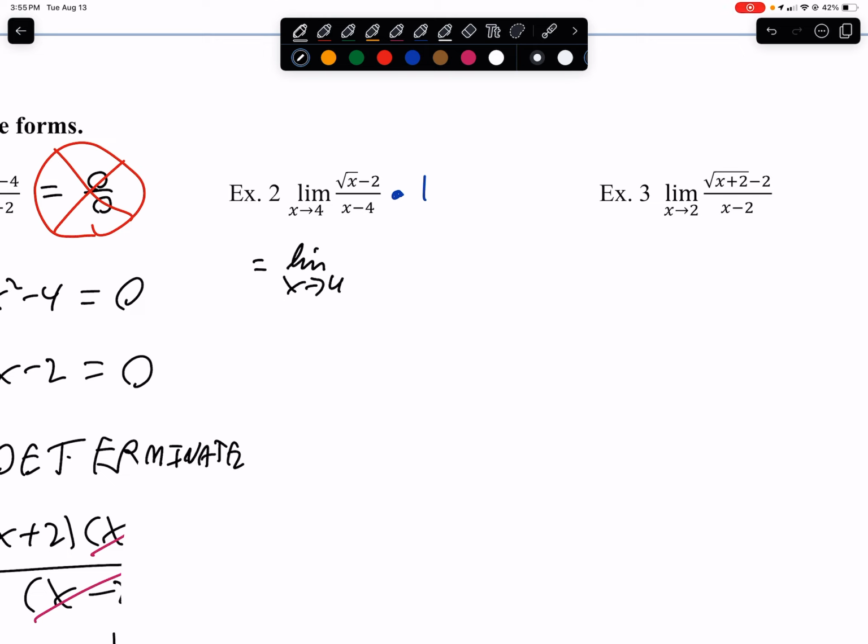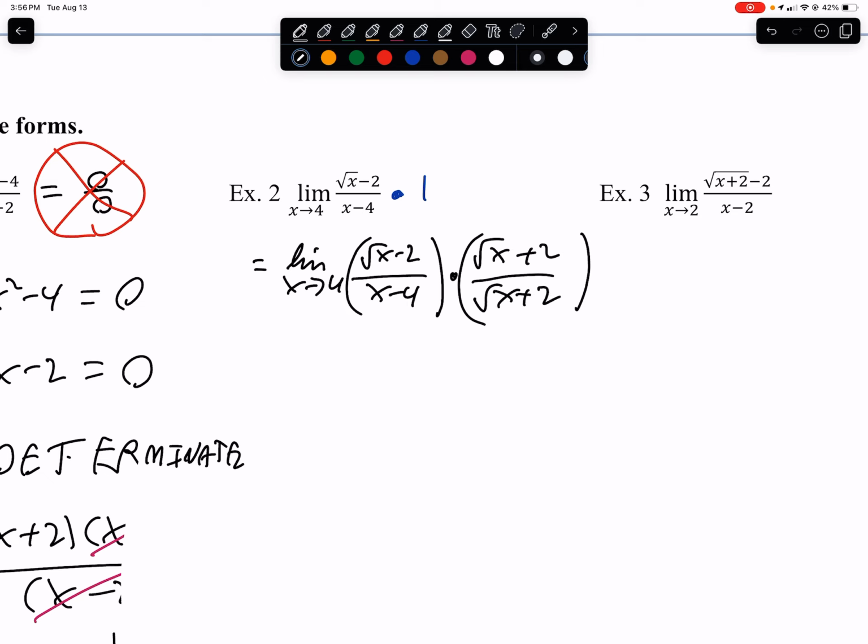What does my 1 look like? Well, I will show you. Let me set this up. My 1 is going to look like this. Again, anything divided by itself is 1, right? So that equals 1. So this times this is not going to change anything because I'm multiplying by 1.